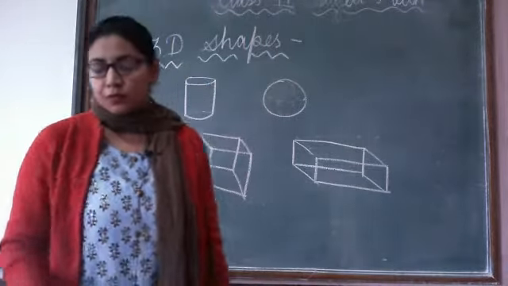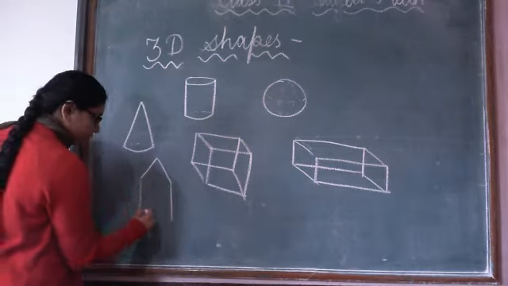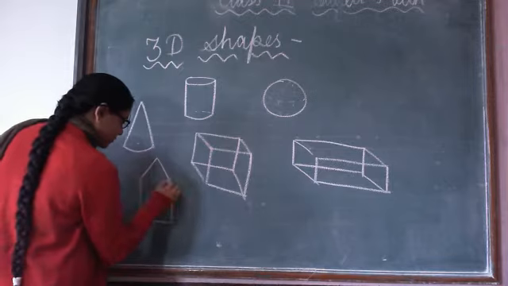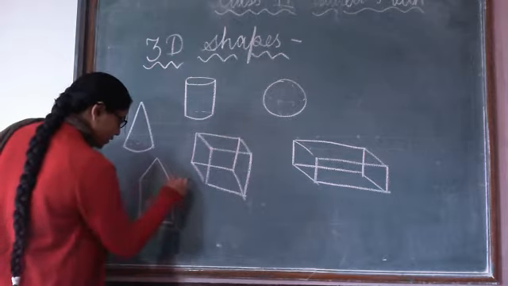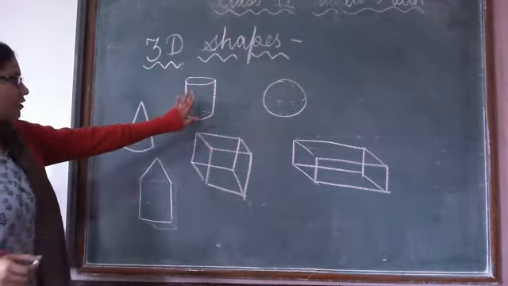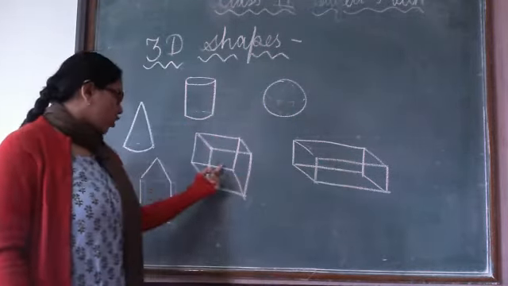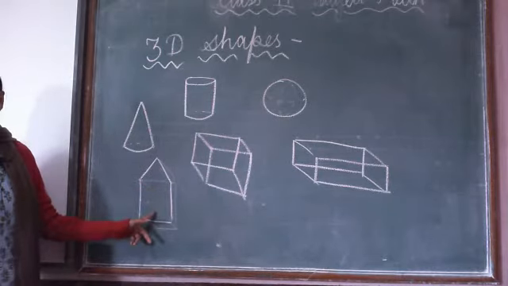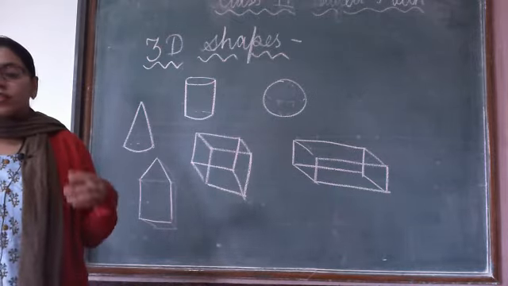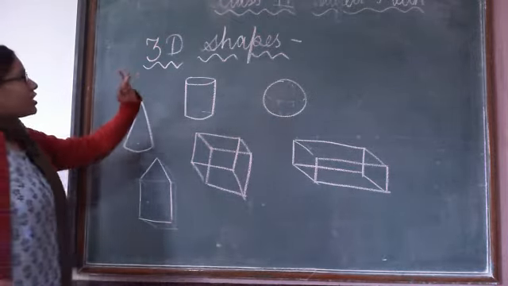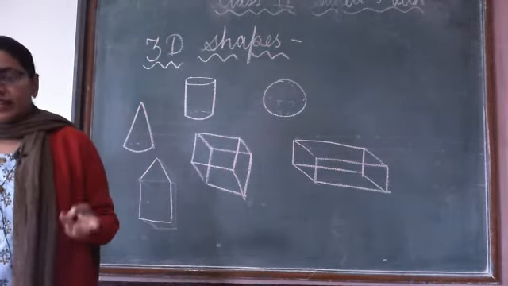And prism also. Something like this. So, once again let's revise. This is cylinder, sphere, cuboid, cube, cone and prism. These are the examples of 3D shapes. 3D shapes are those objects which have 3 dimensions like length, height and width.